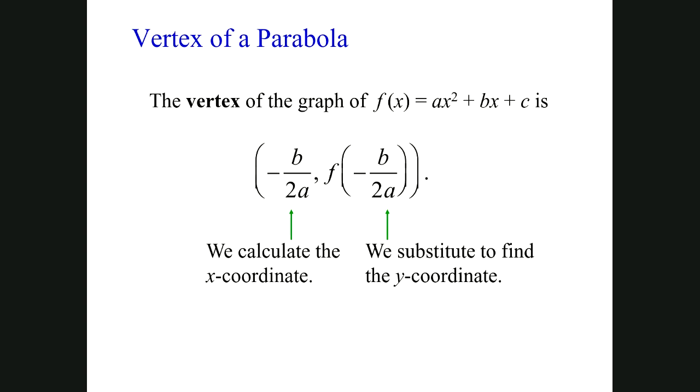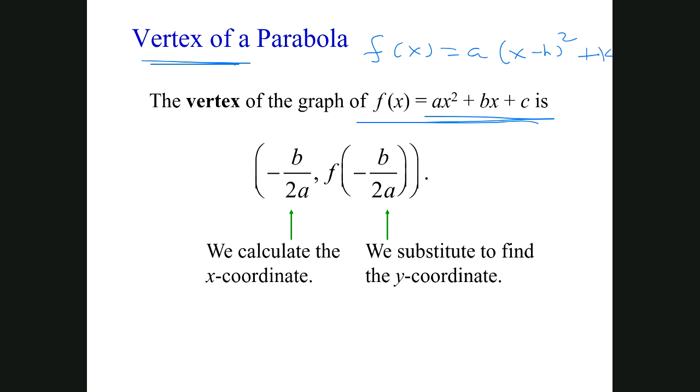If I don't have a perfect square, I have ax squared plus bx plus c. Of course, this is very different than f of x equal to a times x minus h squared plus k, right?